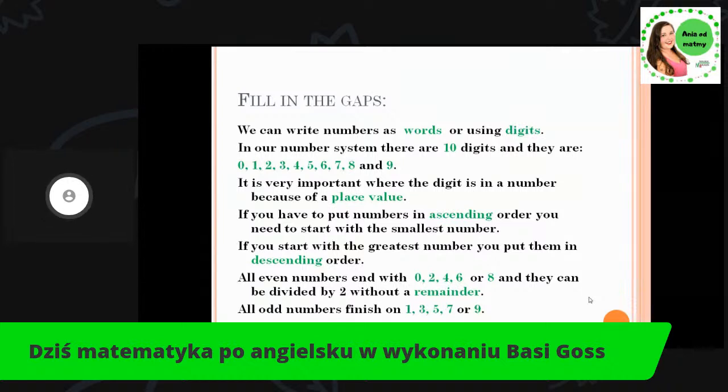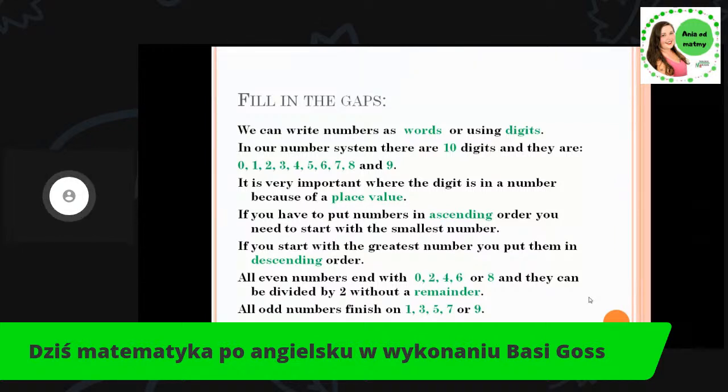Please read with me the full sentences with the words in the gaps. We can write numbers as words or using digits. In our number system, there are 10 digits and they are 0, 1, 2, 3, 4, 5, 6, 7, 8, and 9.